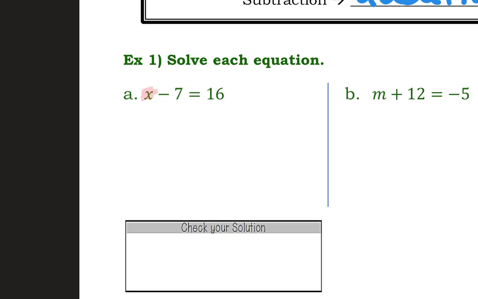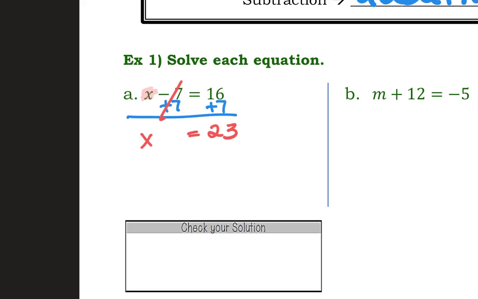I'm subtracting 7, so what's the opposite? Adding 7. So you're just going to add 7 to the other side as well. When you do that, it's going to eliminate, and you're left with x equals 16 plus 7. What is 16 plus 7? 23. And that's it. Your answer is x equals 23.